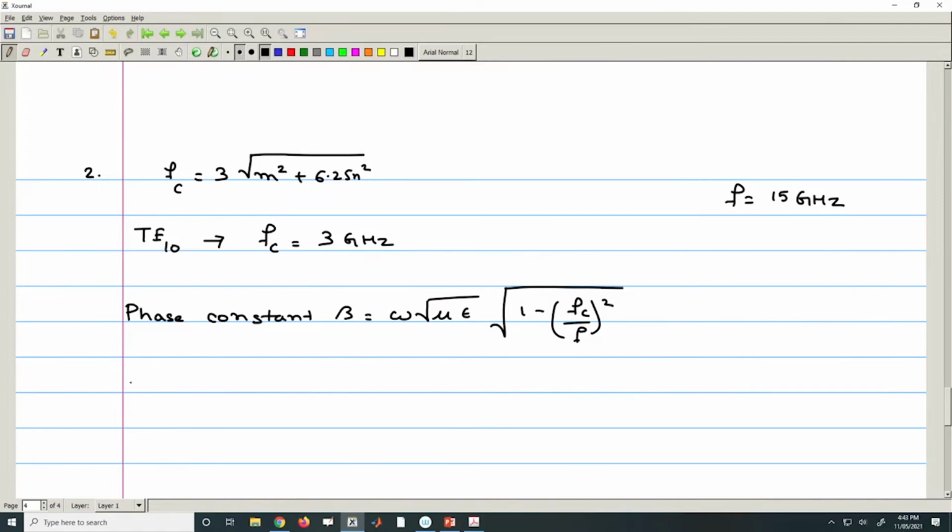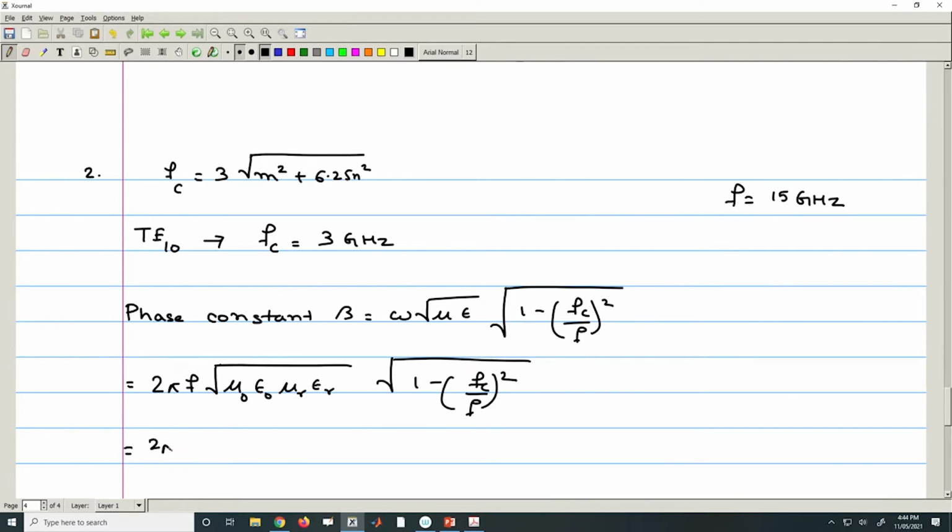We have omega as 2 pi f, and then we can write mu naught epsilon naught mu r epsilon r put over 1 minus Fc upon f square.